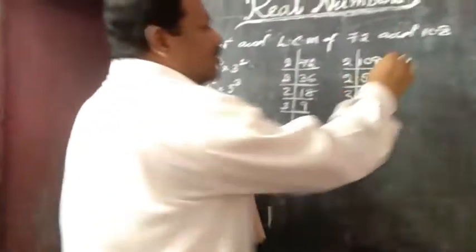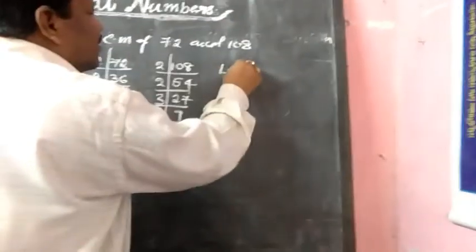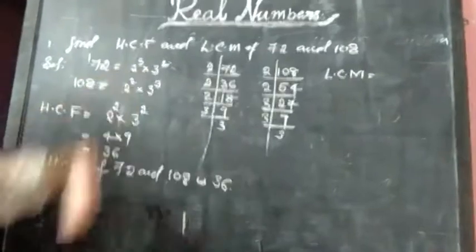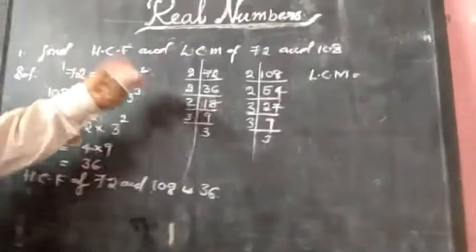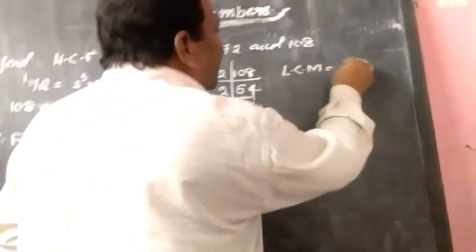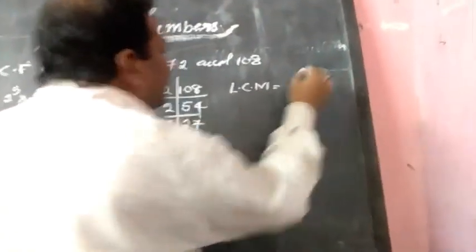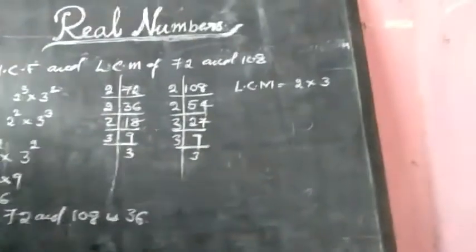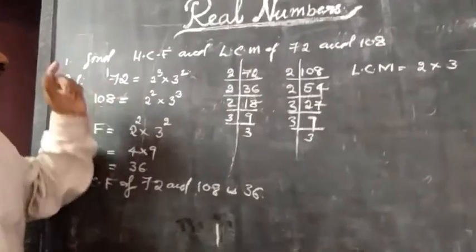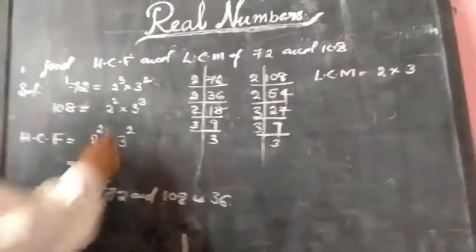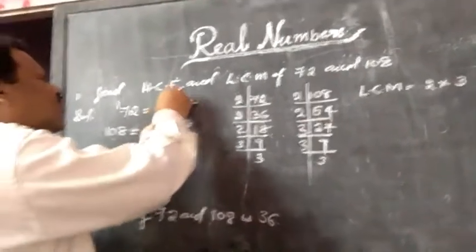LCM is very simple. First write all the bases. All bases: only 2 and 3 are there. First write all the bases. Next observe which is the highest power of each base. We have 2 square and 2 cube, and 2 cube is the highest power, so 2 cube.